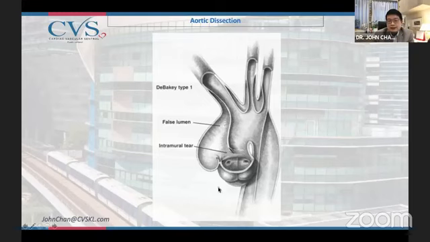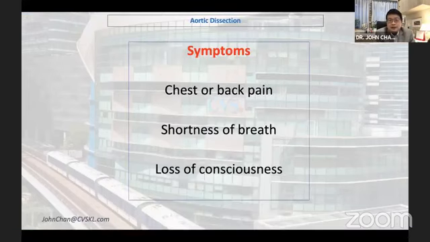And a third thing which can occur is that this is the aortic valve here. It can become incompetent. It can start leaking acutely, and the patient can then go into acute heart failure. So the symptoms of this condition are chest or back pain, shortness of breath, or a loss of consciousness. If the aortic dissection involves the arteries to the brain, then that can cause a loss of consciousness.